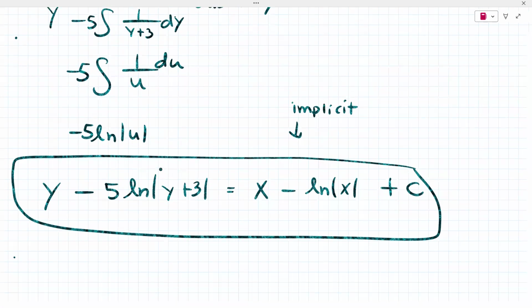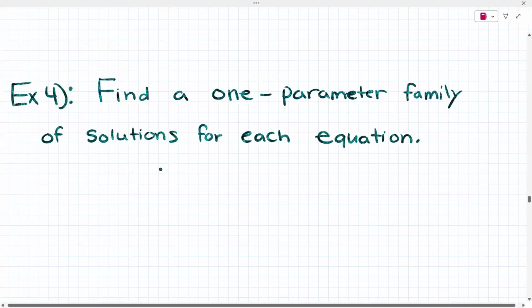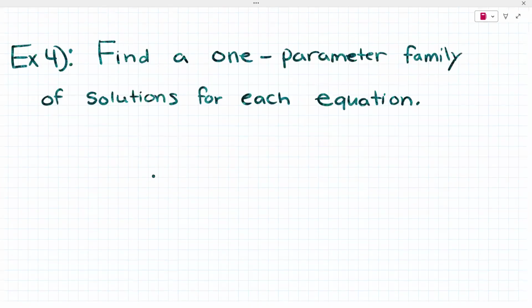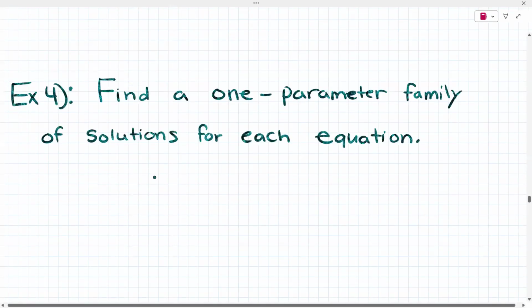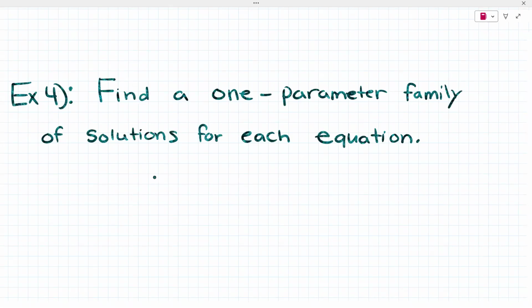Okay, let's move on to the next one. Example 4 says find a one parameter family of solutions for each equation, and our problem is dy dx equals 6y squared x over 1.